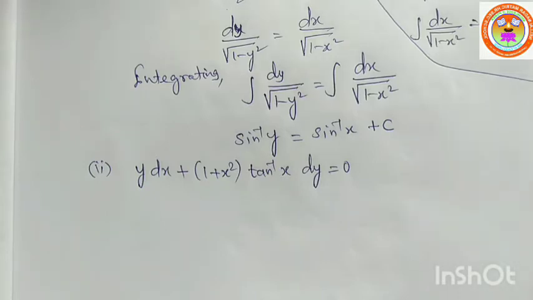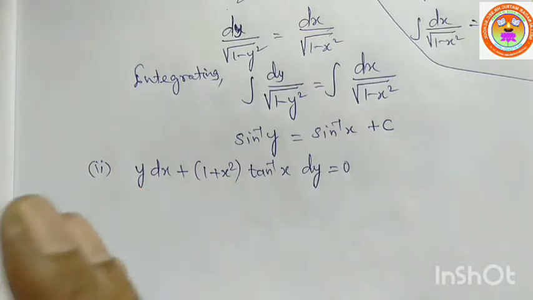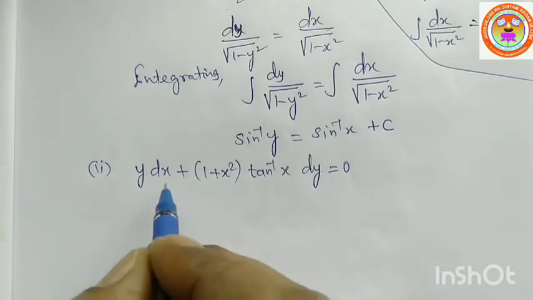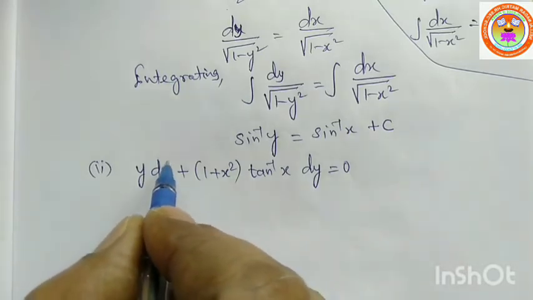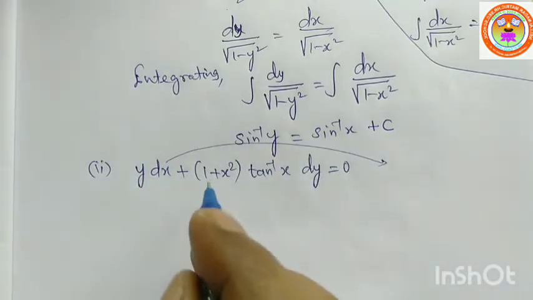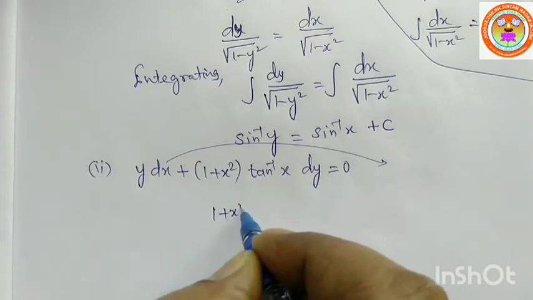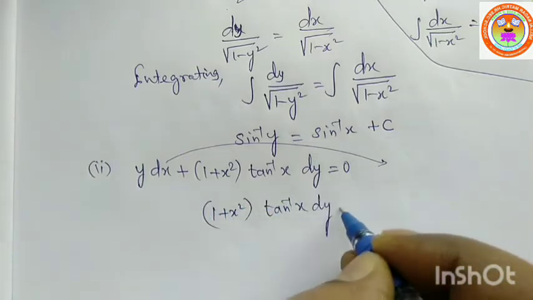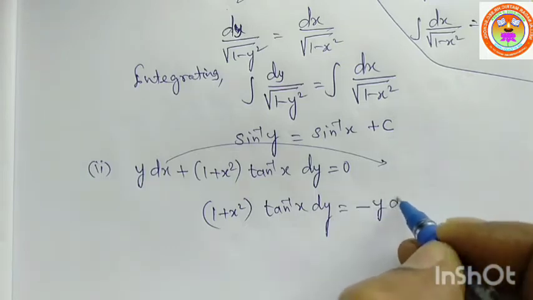The separation of variables means we have to separate x terms on one side and y terms on the other side. So, we can bring the dx term to the right hand side. It will become 1 plus x square into tan inverse of x into dy is equal to minus y dx.